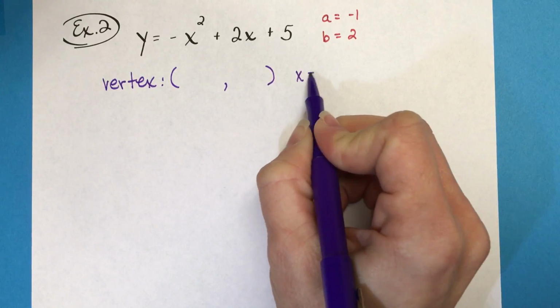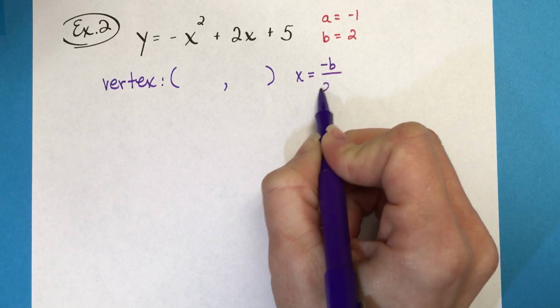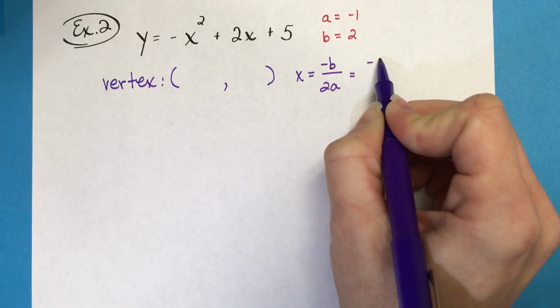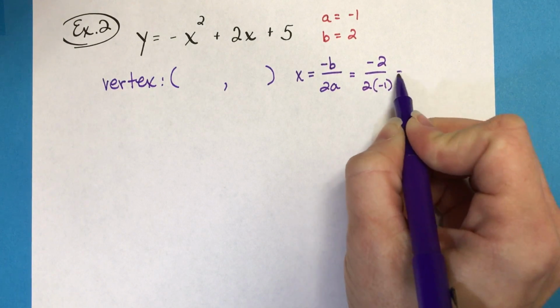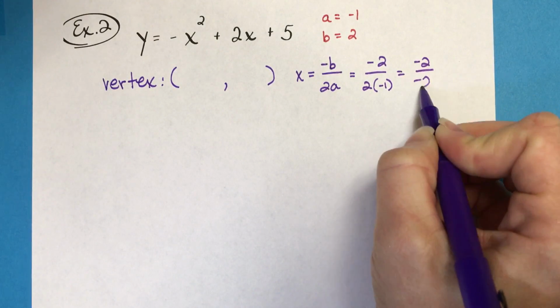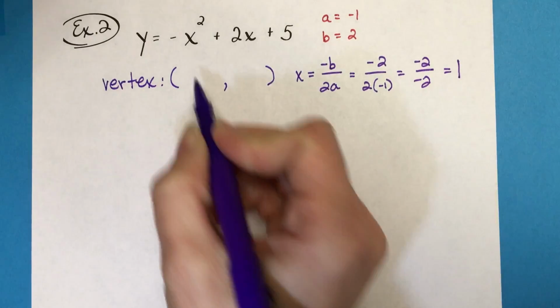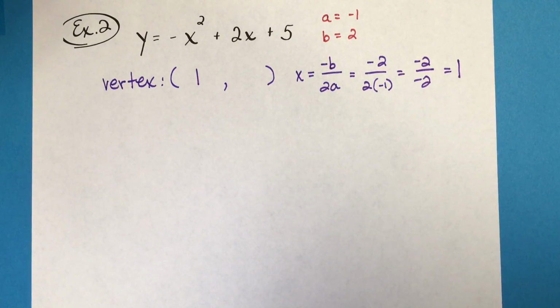We start out with our formula, -b divided by 2a. So I would have -2 divided by 2 times -1. So I have -2 divided by -2, which is +1. So there's my x coordinate. Now I substitute 1 back into the function.